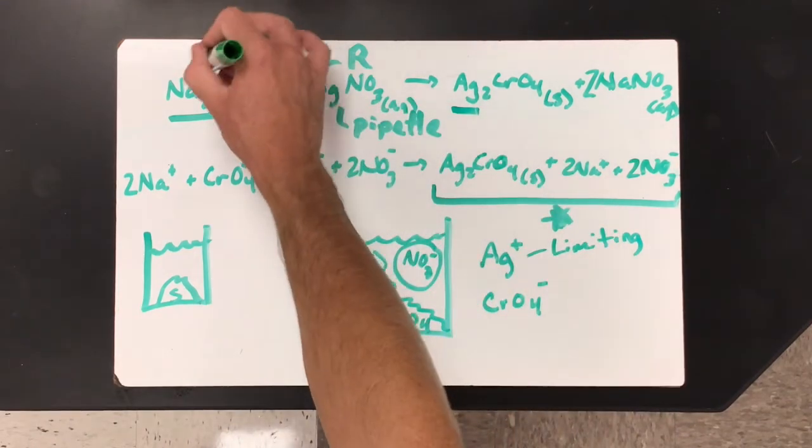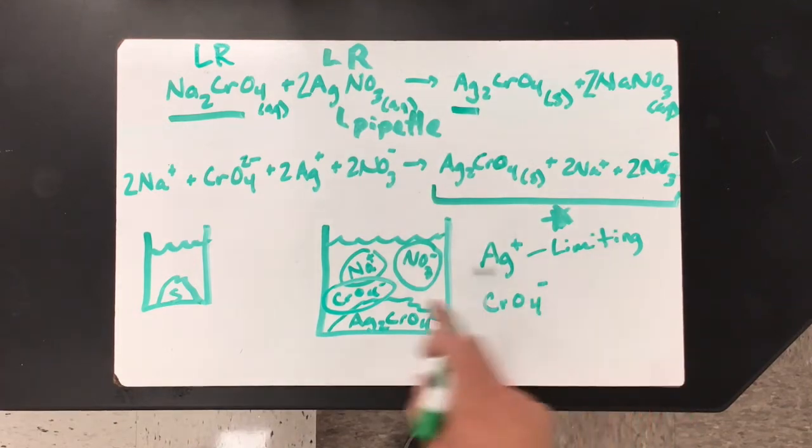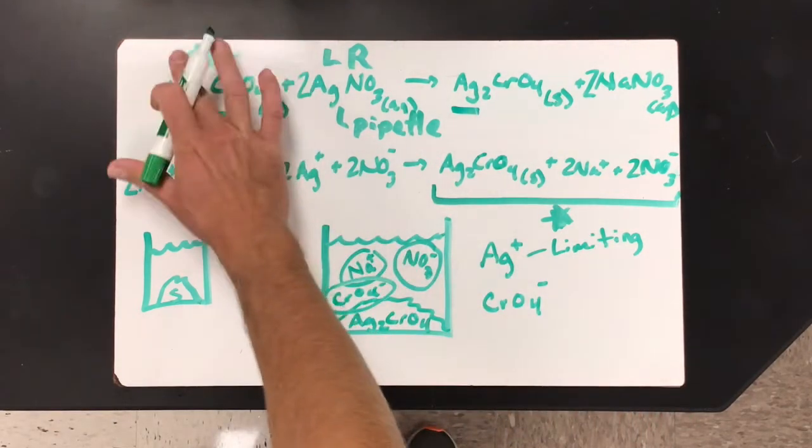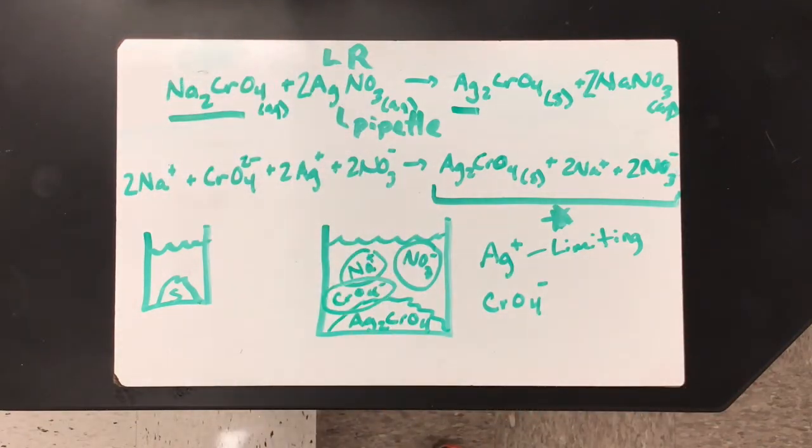If this was the limiting reactant instead, and silver nitrate wasn't, then this wouldn't be in the solution and Ag would be. But because I had it poured into a beaker and then I used the pipette, that would probably be my best guess. So that is what we call a particulate view, where we look at it through the particles and the ions, and you can better explain and see what is present at a chemical level in a solution.